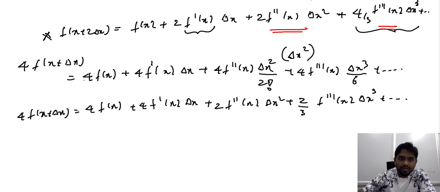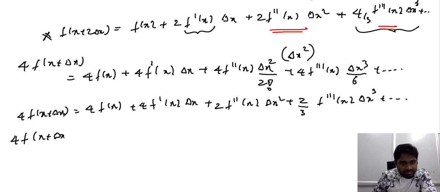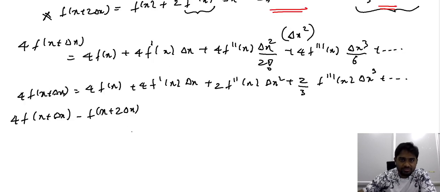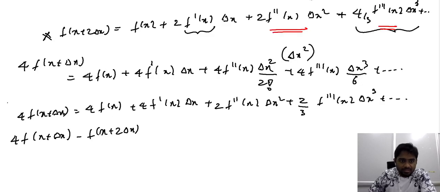Now let us consider 4 f of x plus delta x minus f of x plus 2 delta x. When we subtract, this is nothing but 1 minus 2.